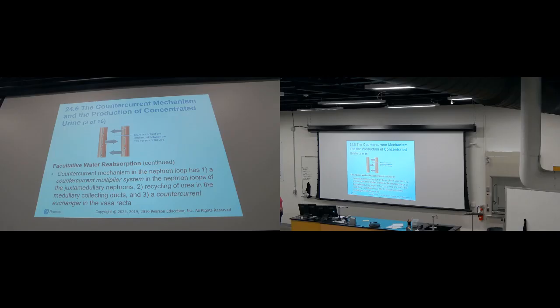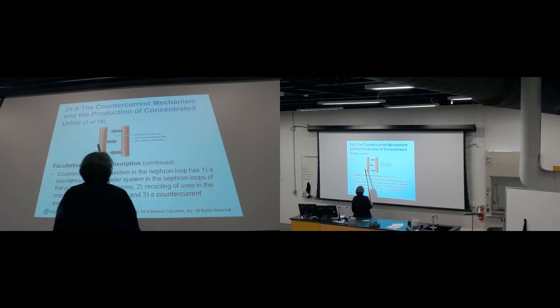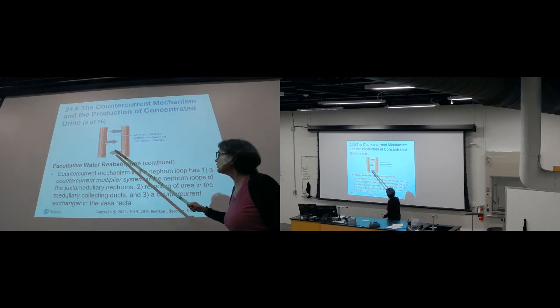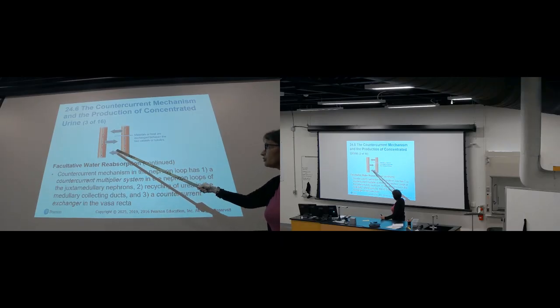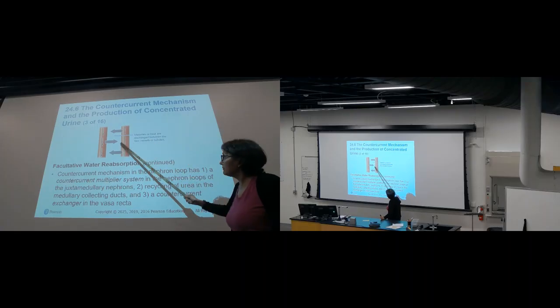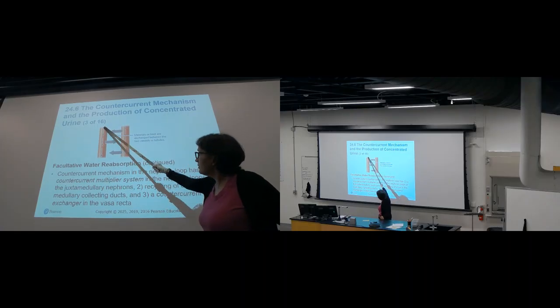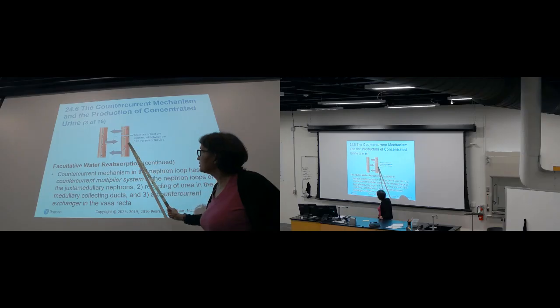So we have the example of what happens in this facultative water reabsorption. If you have two vessels or tubules nearby, you will have this flow of fluids inside them in opposite directions.